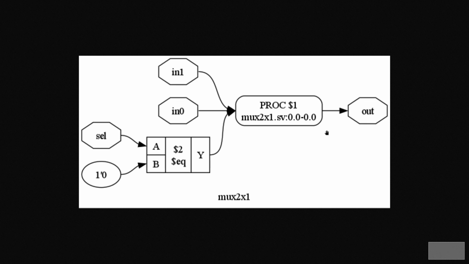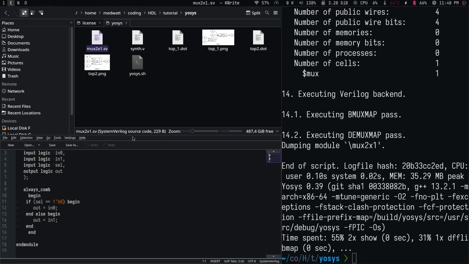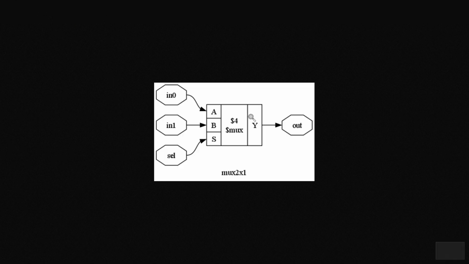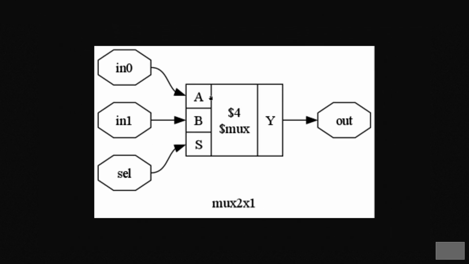But right now it has not yet translated what is inside the process into actual cells that can be mapped to one of the things inside your Liberty file. This is the part after that second stage, where we have exploded the process. As you can see now, it has mapped what's inside the process directly into a mux.